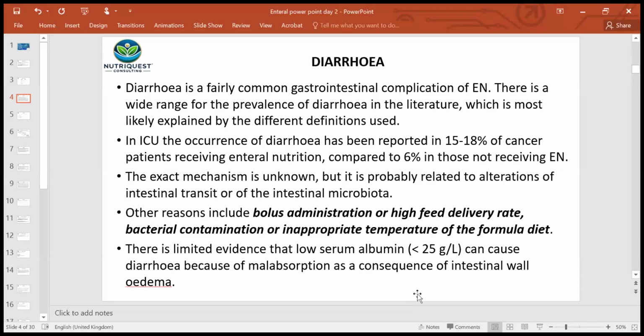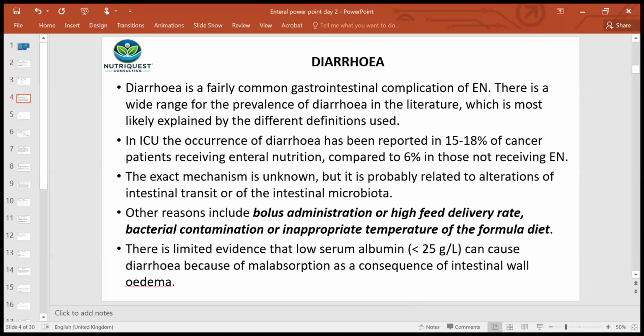So diarrhea is a fairly common gastrointestinal complication of enteral feeding. You'll find many patients who are on enteral feeding, and the commonest complaint is usually diarrhea. There is a wide range for the prevalence of diarrhea in the literature. Of course, several studies have been done on that, which is mostly explained by different definitions used.